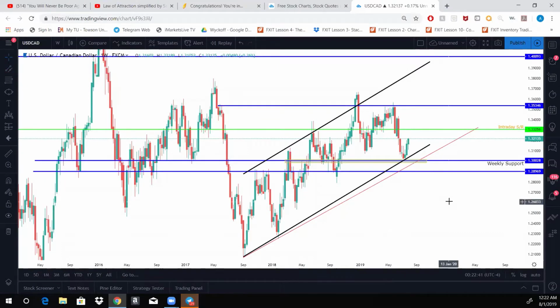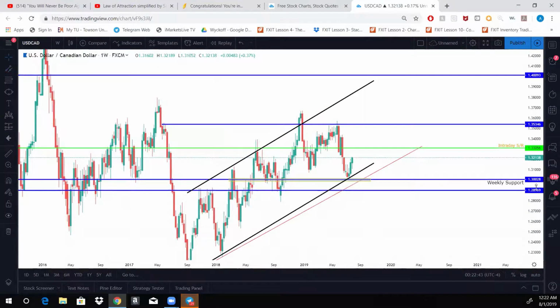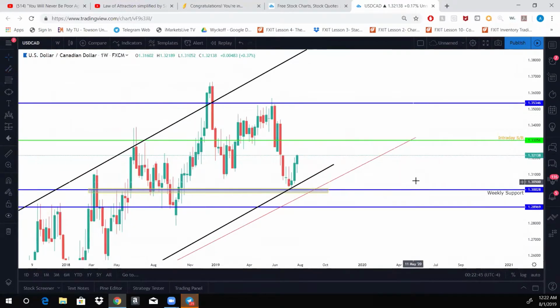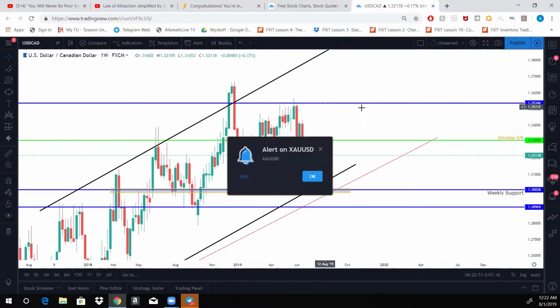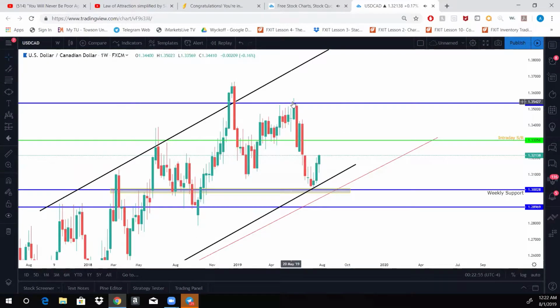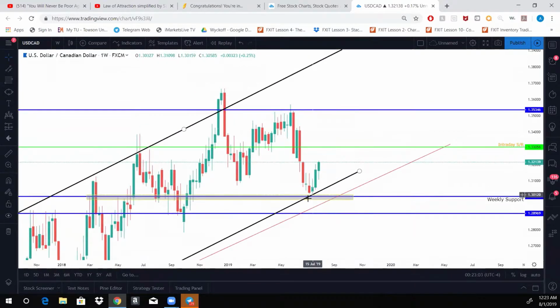Perfect bounce right there. Look, this is another confluence in trading. False breakout obviously came down, came back up, retested the weekly resistance, came back down for about 500 pips. And gotta love it. Then look at this confluence.